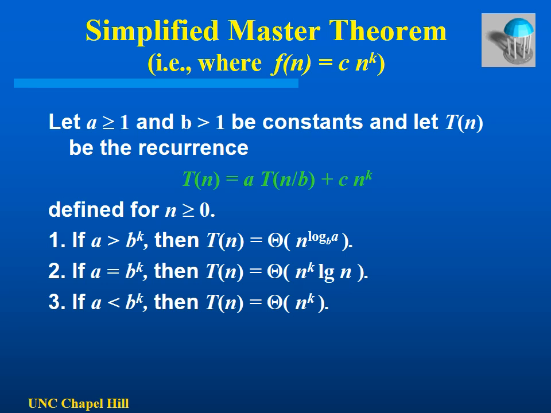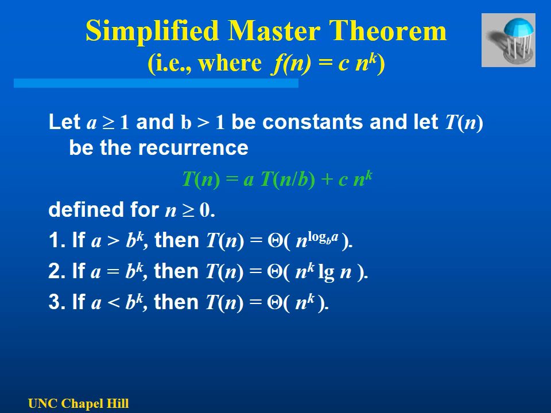If a is larger than the kth power of b, then T of n is solved as theta of some power of n, and the power is the log base b of a. If a is equal to b to the k, then T of n is theta of n to the k log n.